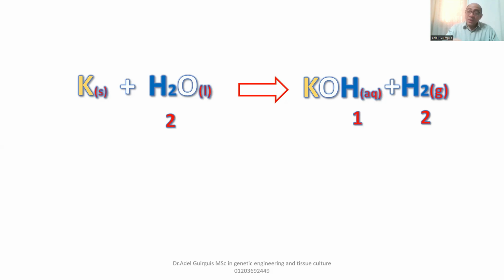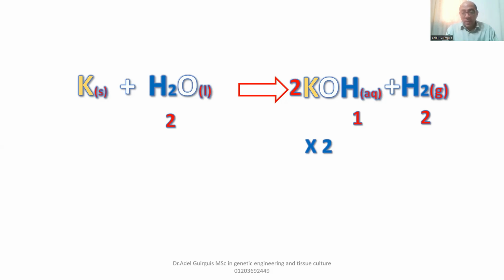So the reactants have 2 hydrogen, the products 3 hydrogen. How come? So we change the odd number of hydrogen in KOH, instead of 1 it must be an even number, so we have to multiply by 2. So 2 here on the line, 2 is the factor, 2 moles of KOH.